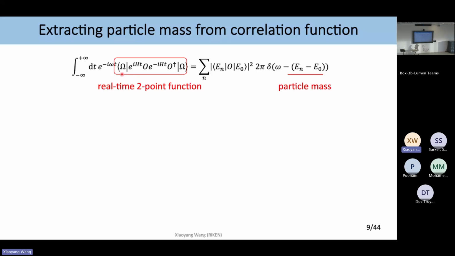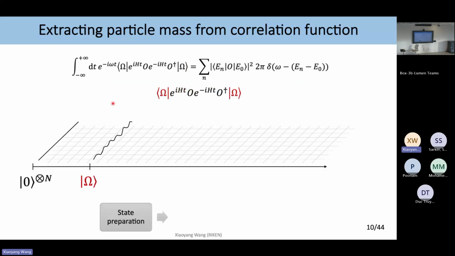After the Fourier transformation into the frequency domain, we can transform this function into a linear combination of delta functions, and the position of each delta function is En minus E0, and this is exactly the particle mass that we want to obtain. So our task is to measure this two-time correlation function in the time domain.